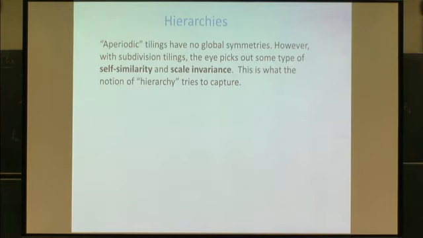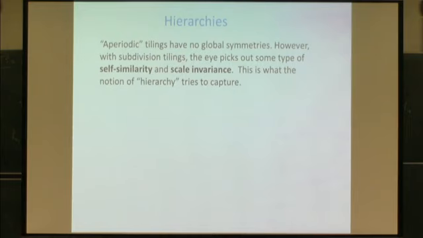So that brings us to the hierarchies. The aperiodic tilings have no global symmetries, but we're talking about what the eye picks out. There are certain topics that attract you. The Penrose tiling is famous because it just grabs your attention.